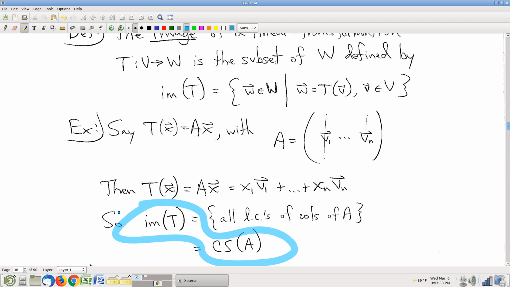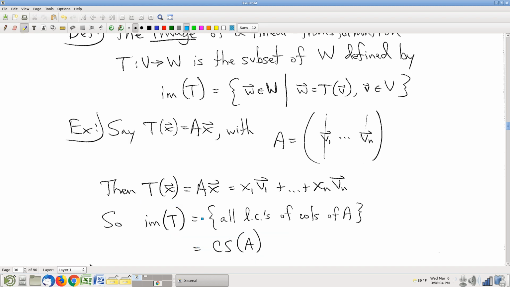I never really gave you a very good answer to that question back in Chapter 2. We talked about what the column space was. We talked about how to find a basis for it. And I made some vague references to how it's going to come up in the future. And here it is. So why should you care about a column space? It's the image of that matrix viewed as a linear transformation. An image is a very natural thing. So therefore, column space is a very natural thing.